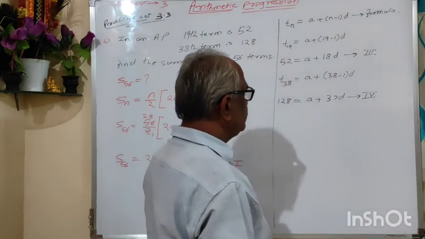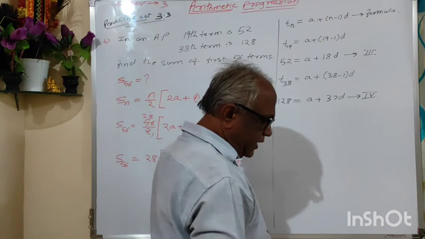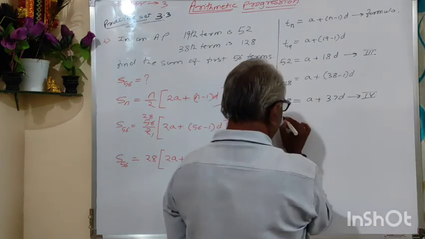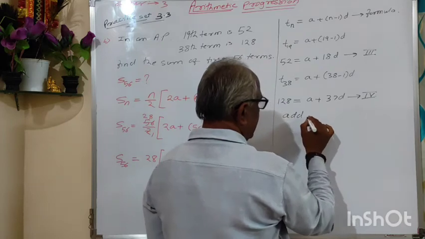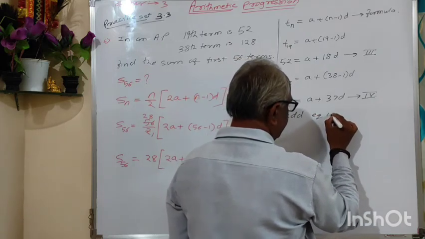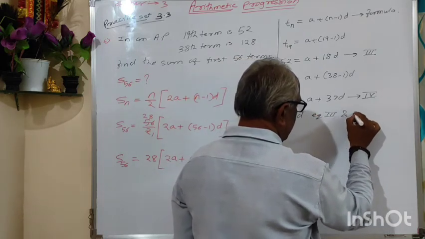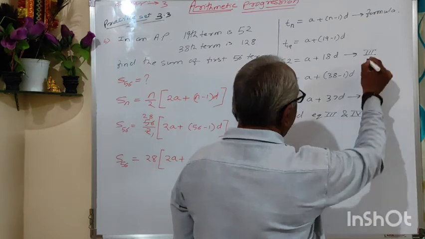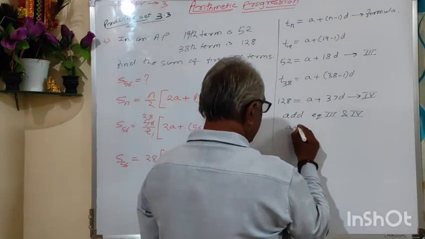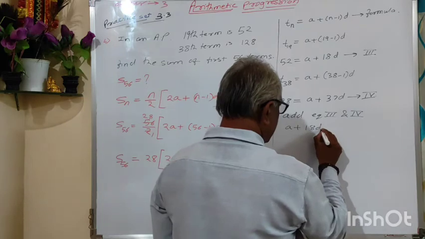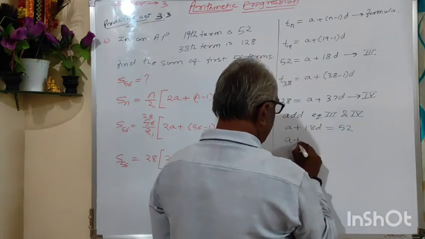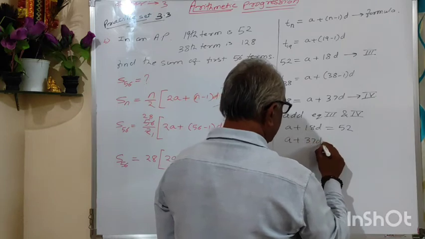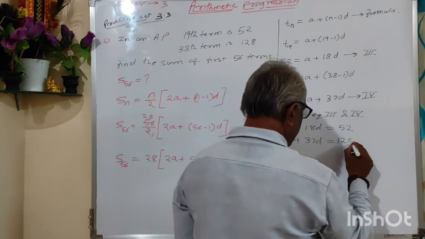Now here, adding equations 3 and 4. After adding, what will we get now? See here, A plus 18D is equal to 52, and A plus 37D is equal to 128.